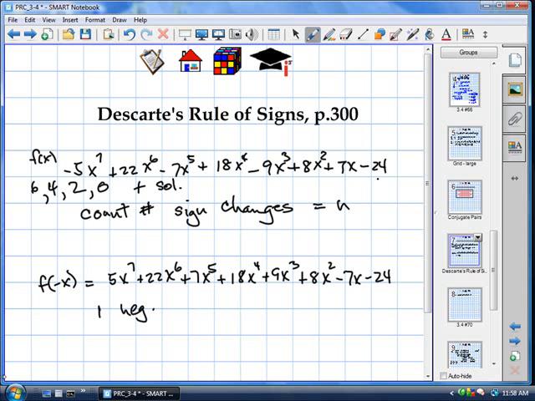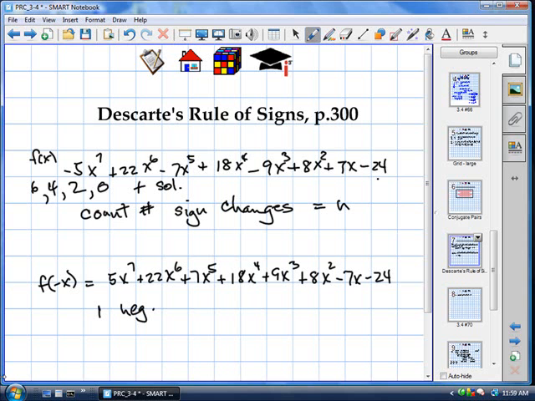Why does this one not change? Because a negative number taken to a 6th power is still positive, right? Because it's an even power. And when you take a negative number 5 times, you're going to get a negative, and a negative times a negative is a positive. So you see how this changed?